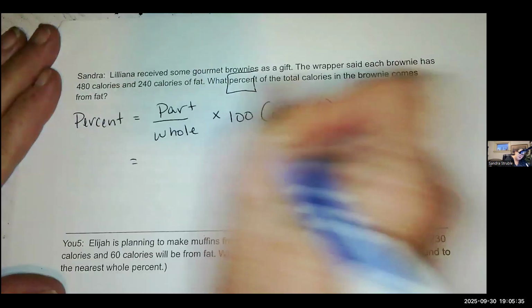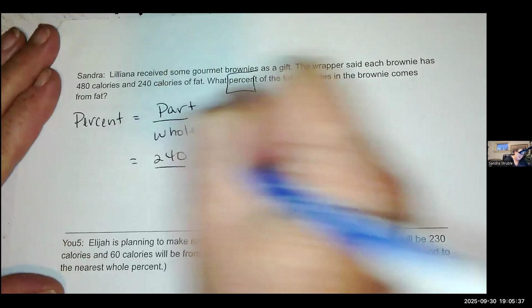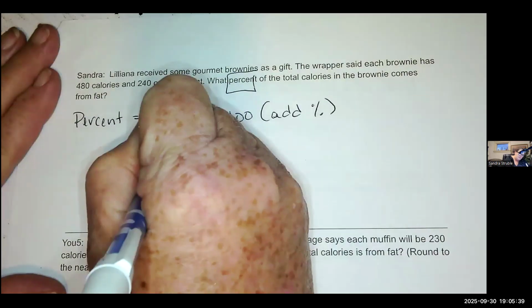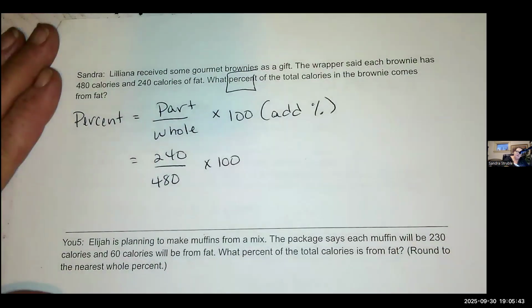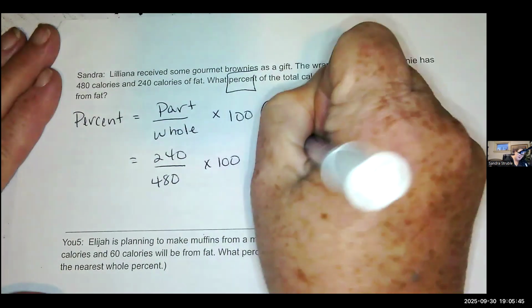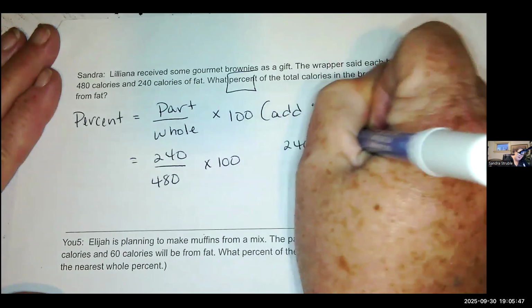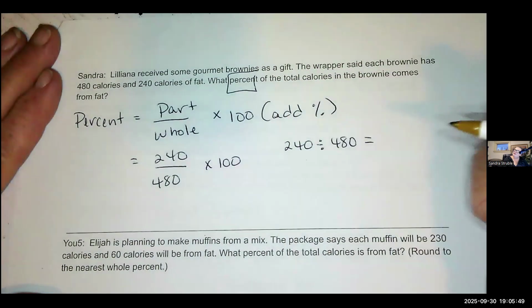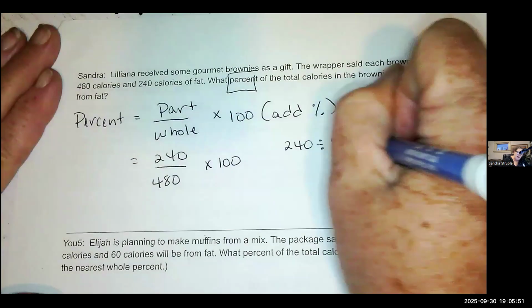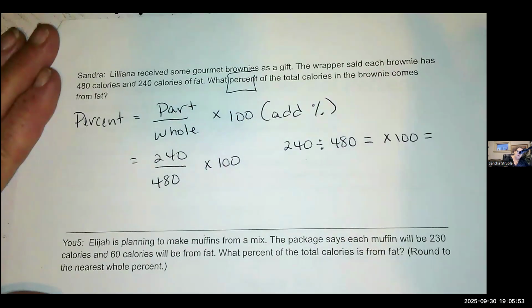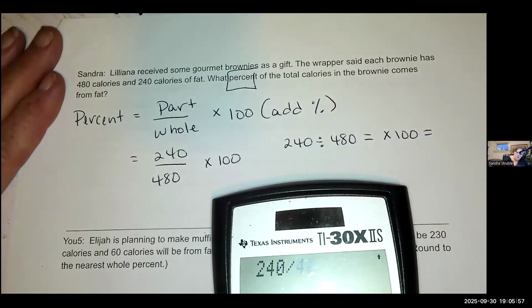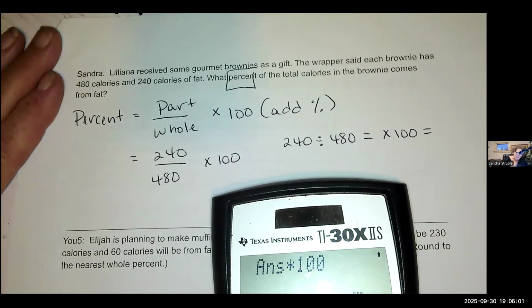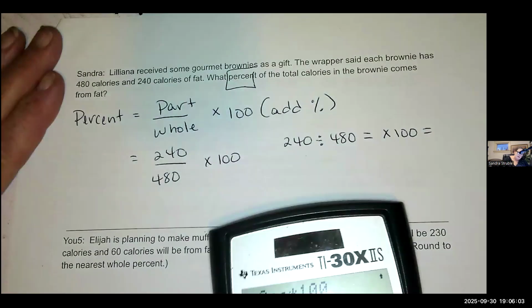The part is 240. The whole is 480 times 100. Now to put this in your calculator, you can go 240 divided by 480 equals, you'll get an answer. It's going to be a decimal. Then go times 100 equals, watch this, 240 divided by 480 equals times 100 equals, and that is 50.